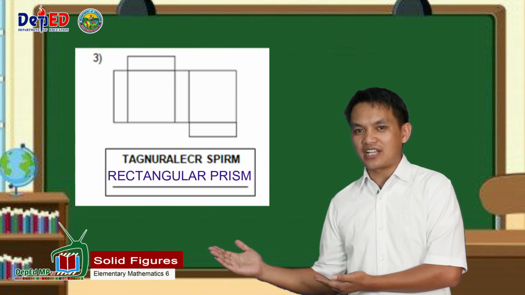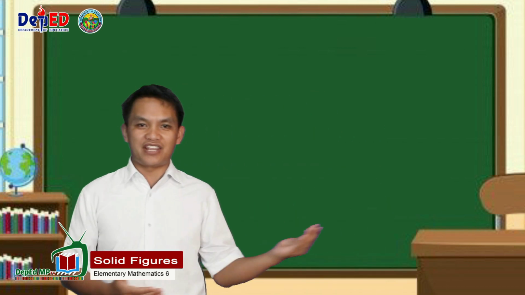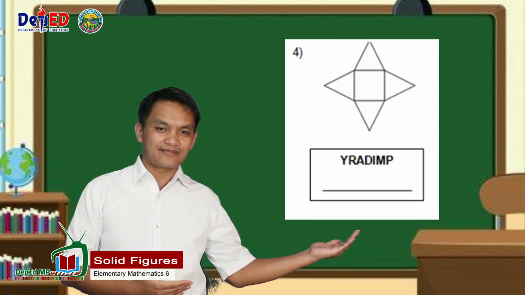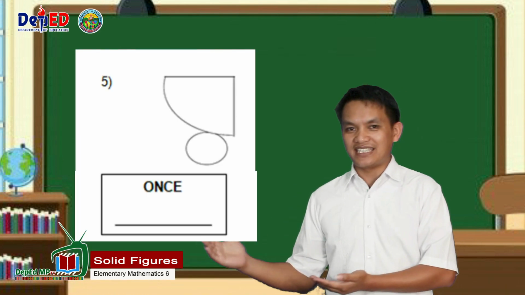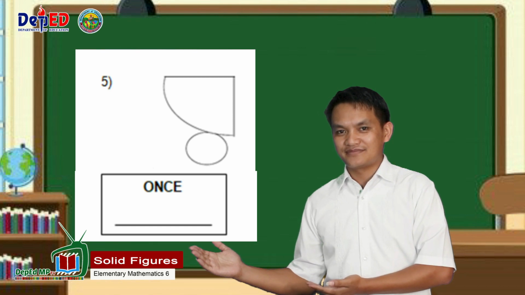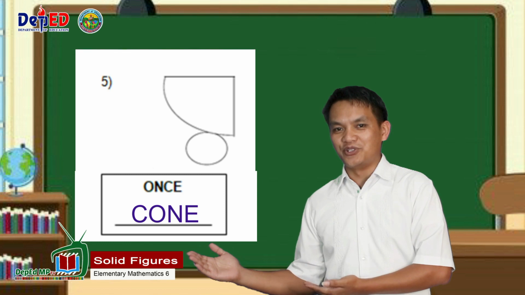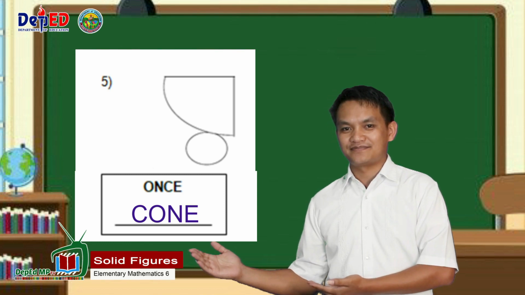Yes, it's a rectangular prism. Another? Correct, pyramid. And finally, cone, you are correct.